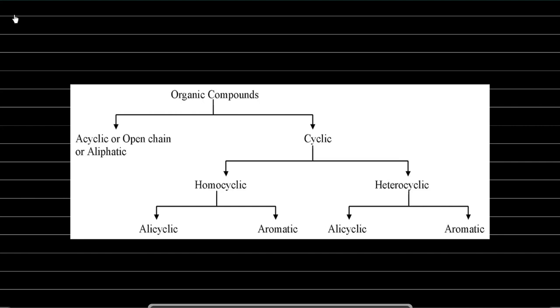The two broad classifications based on structure are whether it is open chain or closed chain. Another name for open chains is acyclic, and another name for closed chains is cyclic. If you look at this, this is open chain and this is closed chain.